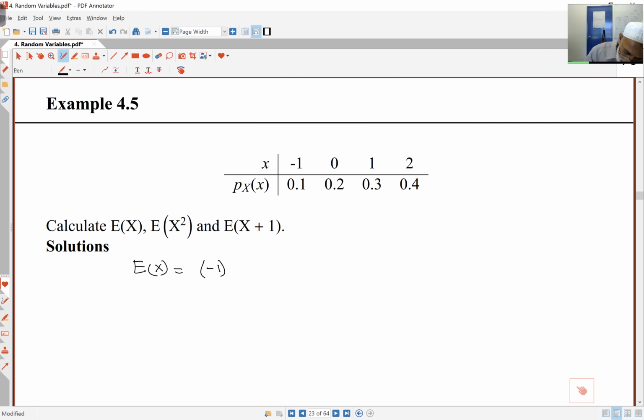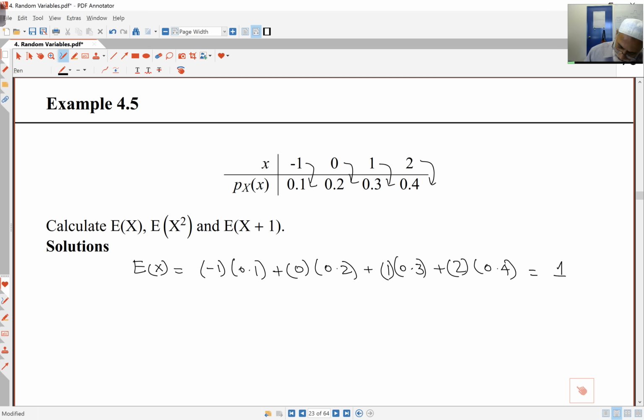So it's negative 1 times 0.1, and then 0 times 0.2, and so on, 1 times 0.3, and 2 times 0.4. So the value times probability, and add them all up, and here I'll get 1.